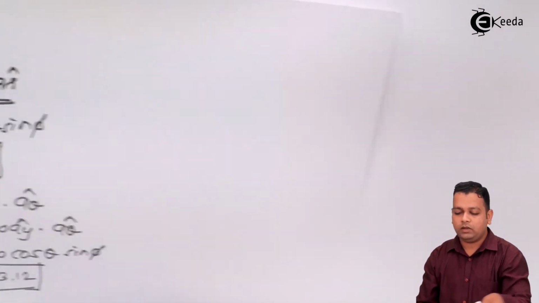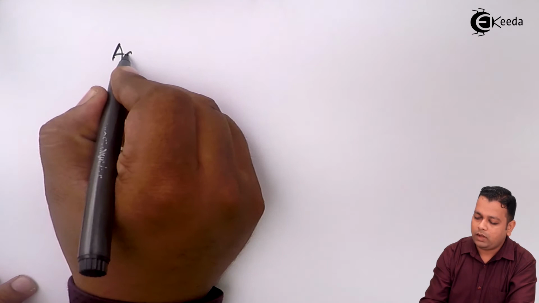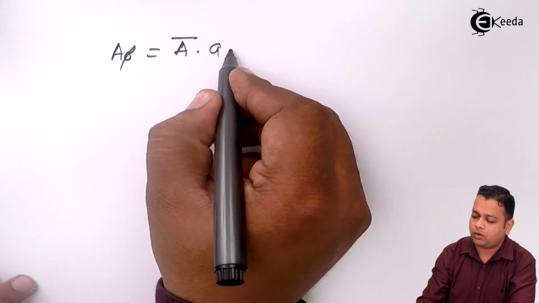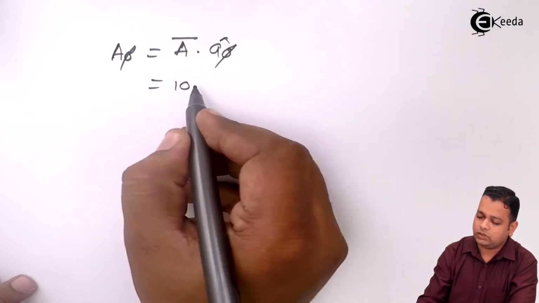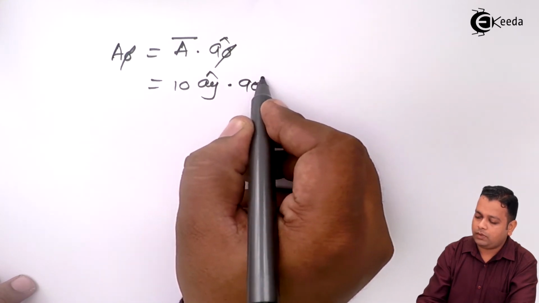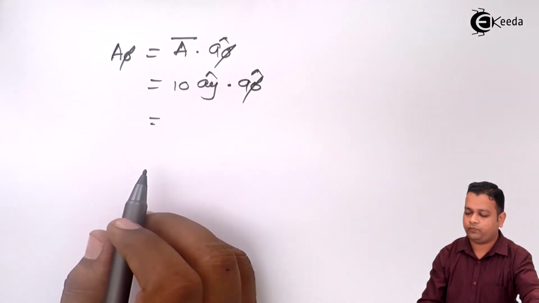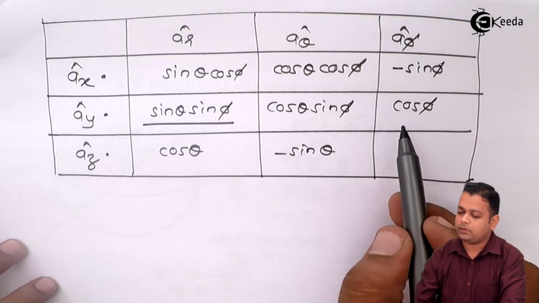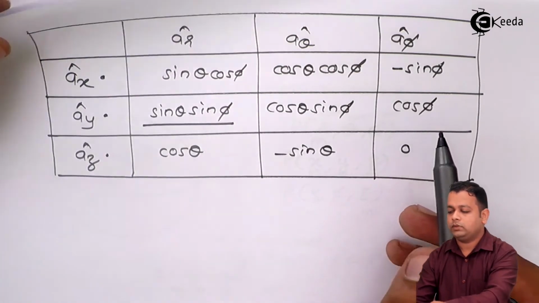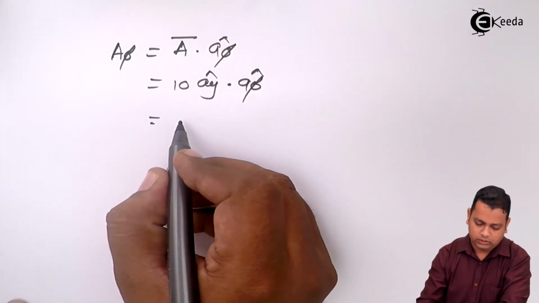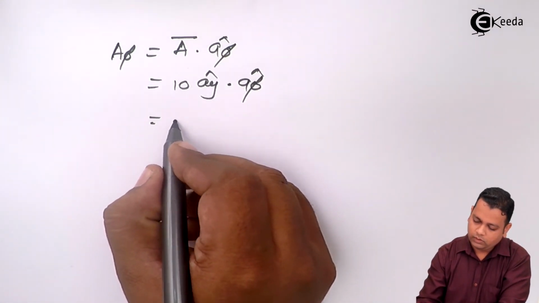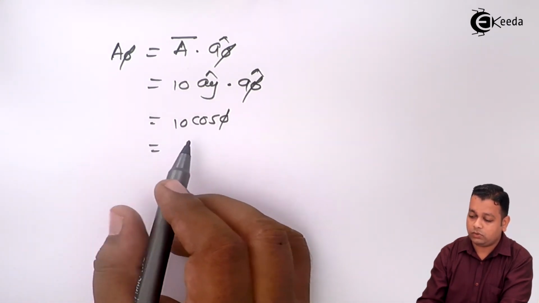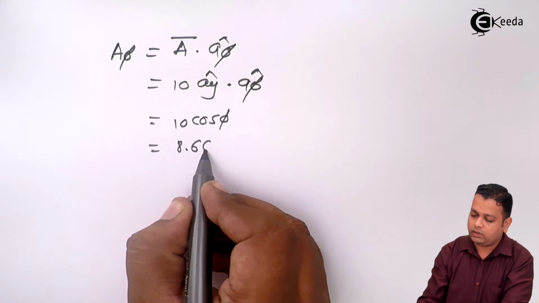Now we are supposed to find A phi. So A phi will be A bar in rectangular coordinate representation dot product with A phi cap. So this is 10 AY cap dot A phi cap. AY cap dot A phi cap is equal to cos phi. So this is 10 cos phi. Substituting phi is equal to 30 degrees, we get 8.66.